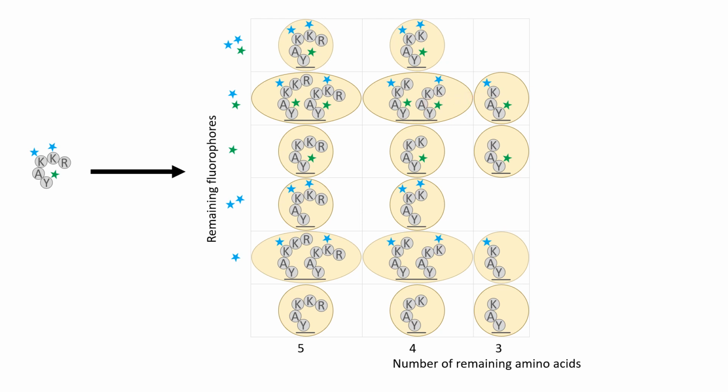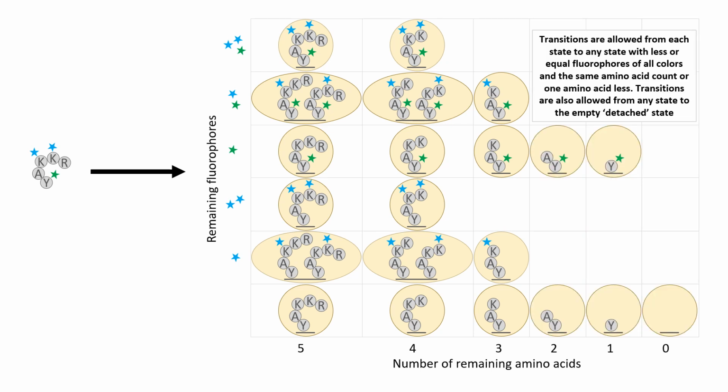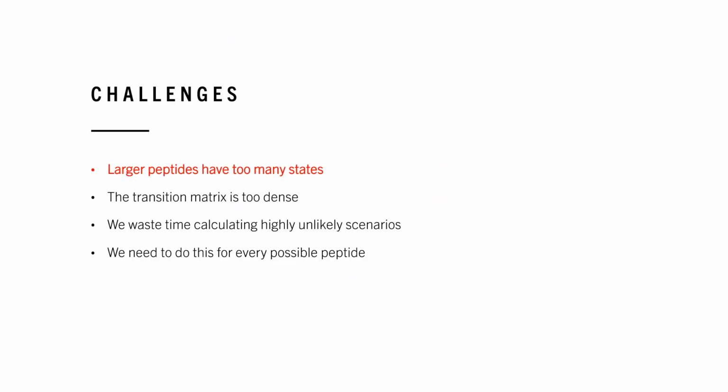And this can be generalized for higher numbers of fluorophores and things like that. But that's kind of the basic idea. So we can expand on this to fill out our model for this particular peptide. And so that's kind of how we deal with the massive state space of these peptides.